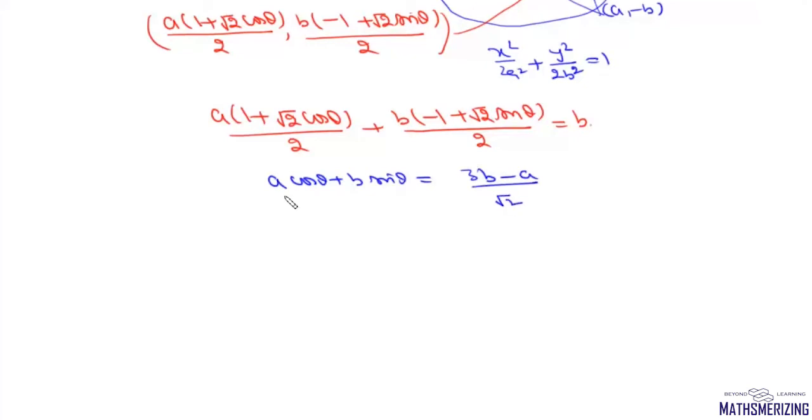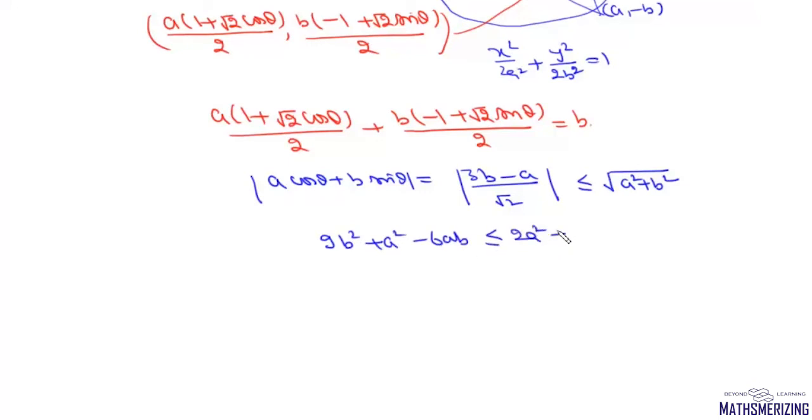Now we know that a cos theta plus b sin theta always lies between minus under root a square plus b square and plus under root a square plus b square. So we can say the modulus value of a cos theta plus b sin theta will always be less than or equal to under root of a square plus b square. Now we'll square, and we can write 9b square plus a square minus 6ab is less than or equal to 2a square plus 2b square.